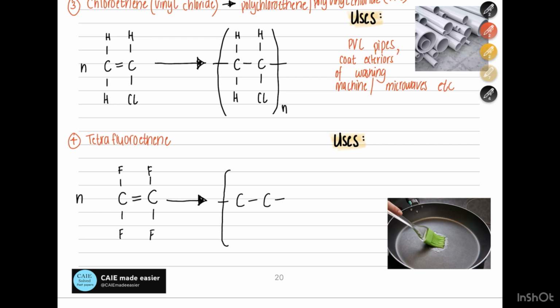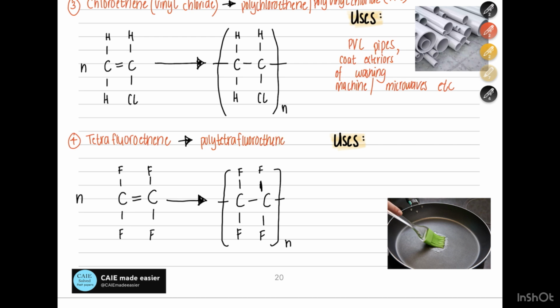The fluorines remain where they are, 4 Fs, and we get polytetrafluoroethene.